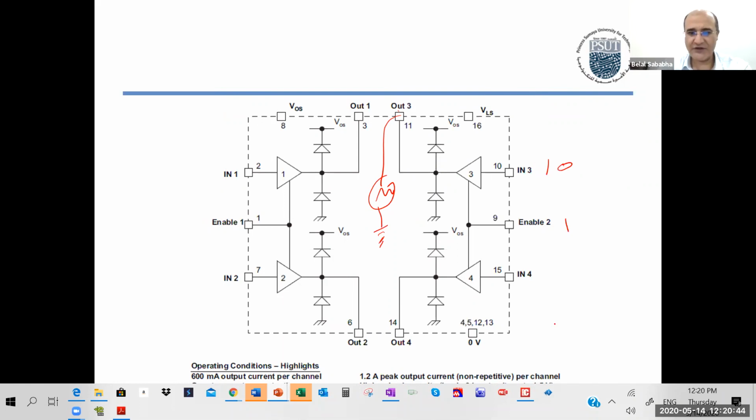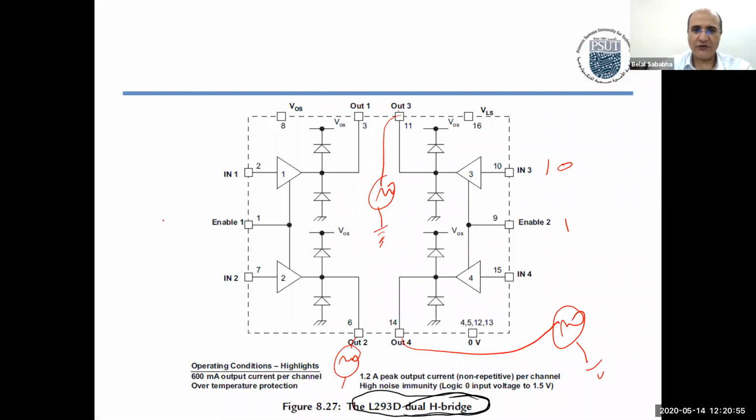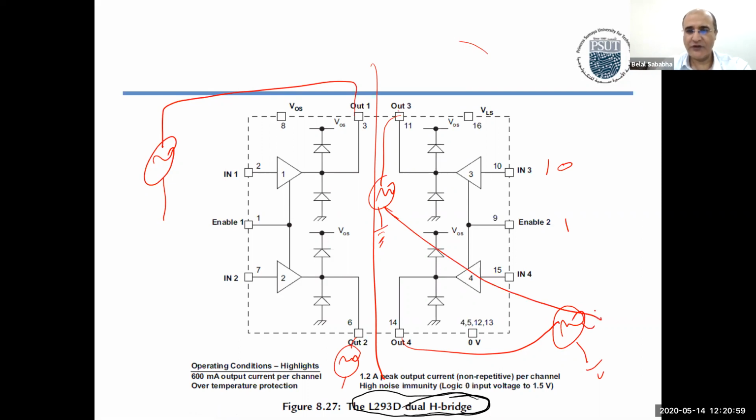That's it. You can have another one here for another motor, another one here for another motor, another one here for another motor. So a full H bridge can be used to control 2 motors with speed only, but you cannot control the direction.